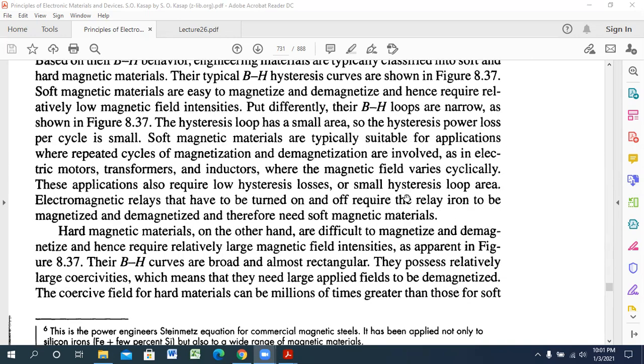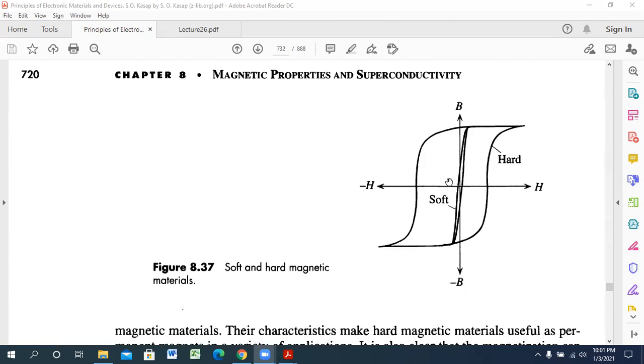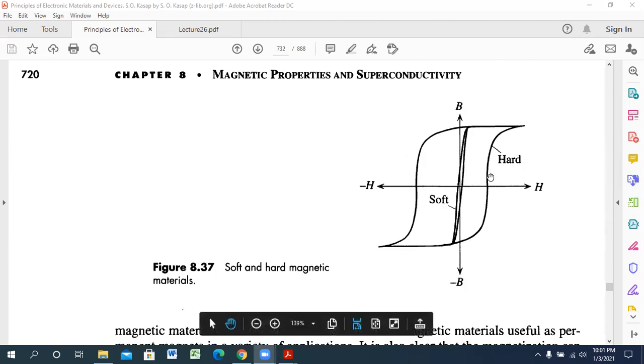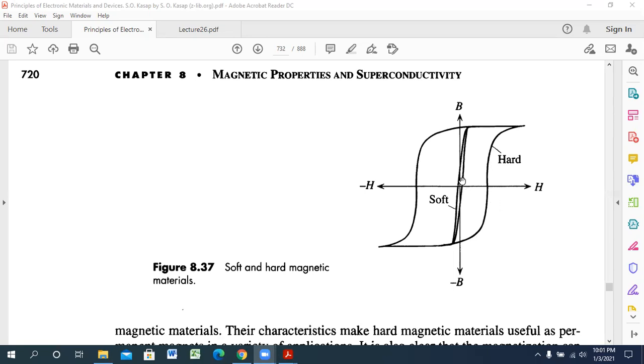We know about this hysteresis curve, right? This one is known as the BH curve. If this BH curve is larger, then that material is known as hard magnetic materials. If this BH curve is not larger, that means narrow, then that one is known as soft magnetic material.